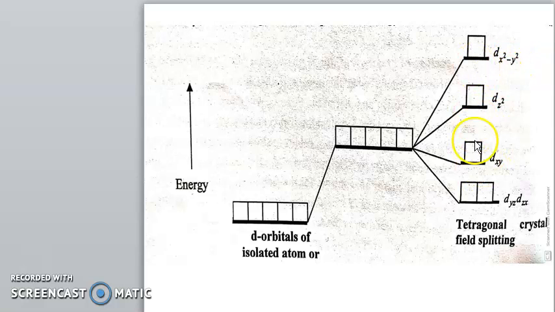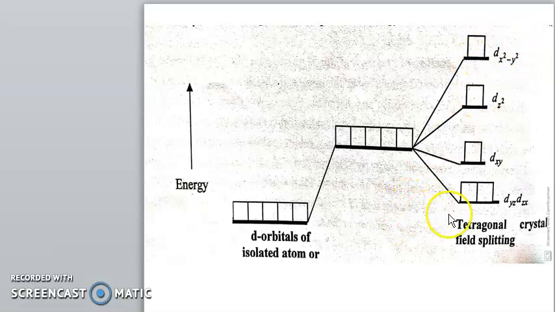The difference between octahedral and distorted octahedral is this. In the octahedral field, these three d orbitals, dxy, dyz and dxz, are at the same energy level, and we named them the T2g orbitals. Likewise, in octahedral splitting, dz² and dx²-y² are at the same energy level, and we named them the eg orbitals.